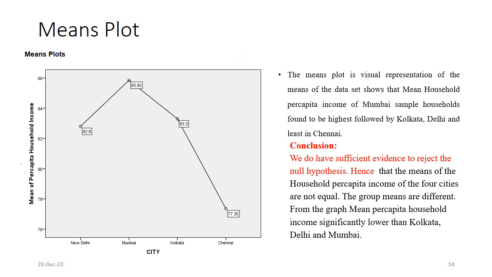The conclusion is that we have sufficient evidence to reject the null hypothesis, hence the means of the household per capita income of the four cities are not equal. There is a variation. The group means are different. From the graph, mean per capita household income is significantly lower in Chennai than in Calcutta, Delhi, and Mumbai.